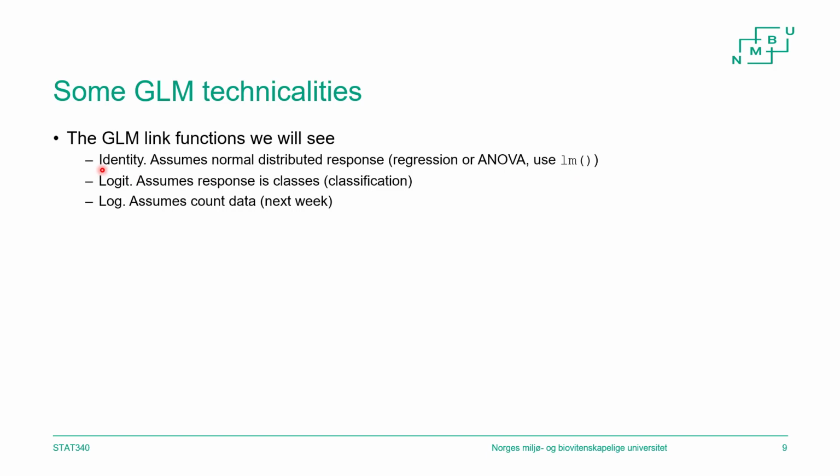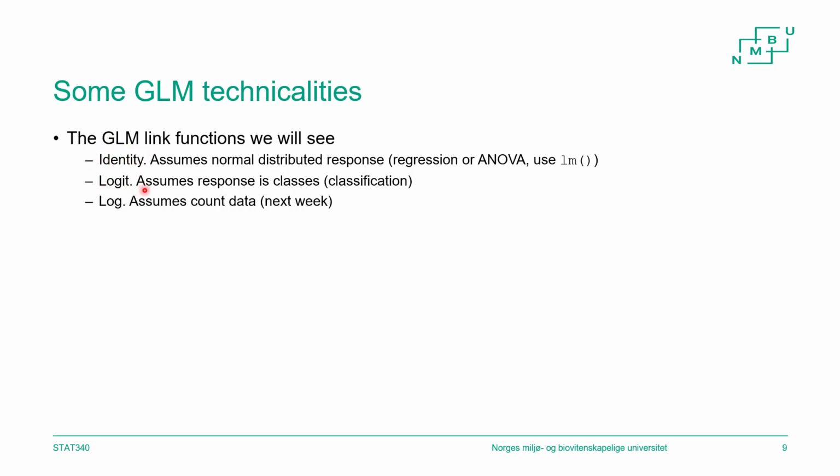So if you have data where you need the identity link function, you don't use GLM at all, you use LM, right? This is the special case of a linear model, not the generalized linear model. But it's formally among the link functions, right? This one changes nothing, you could say, to the response.